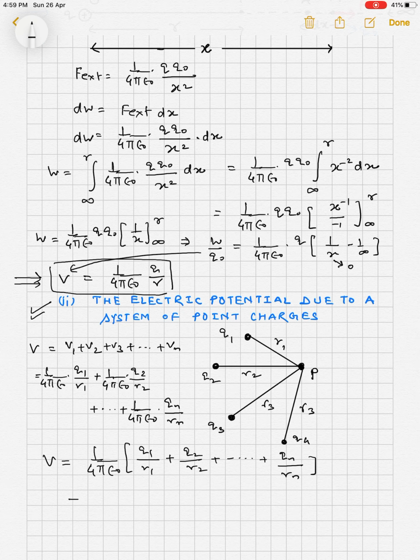So in summation form we can write 1 upon 4 pi epsilon naught sigma Qi upon Ri, where i varies from 1 to n. So this is the electric potential. The important thing in electric potential, whenever we are dealing with numericals, is that the value of Q should be put with sign.